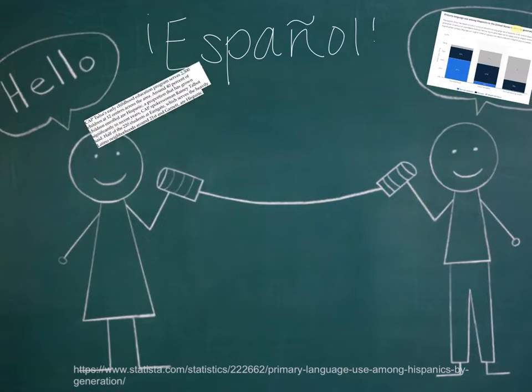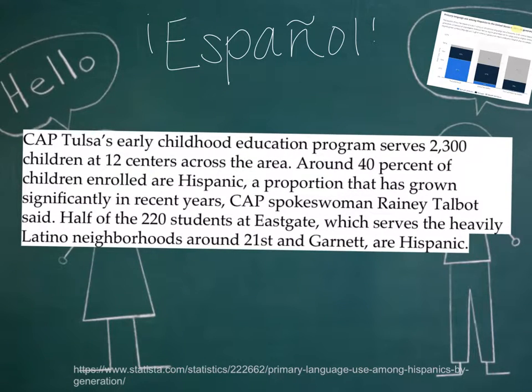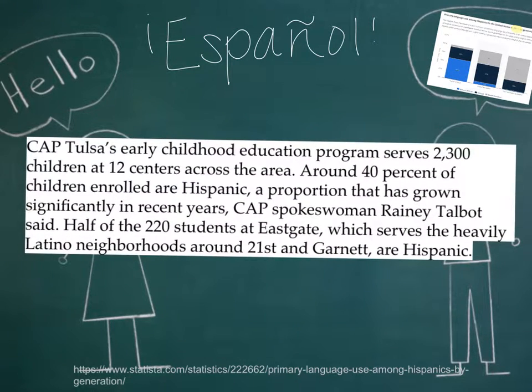Something I found that was a little more local talked about the Tulsa area and CAP Tulsa and their early childhood program. CAP stands for Community Action Project, and it's a school for children ages 0 to 5. Their statement says that they serve about 2,300 children across the Tulsa area, and about 40% of those children are Hispanic.